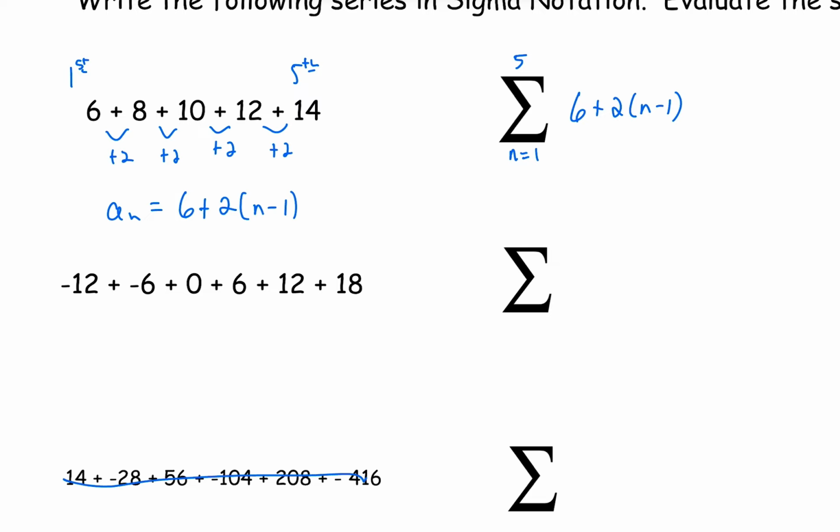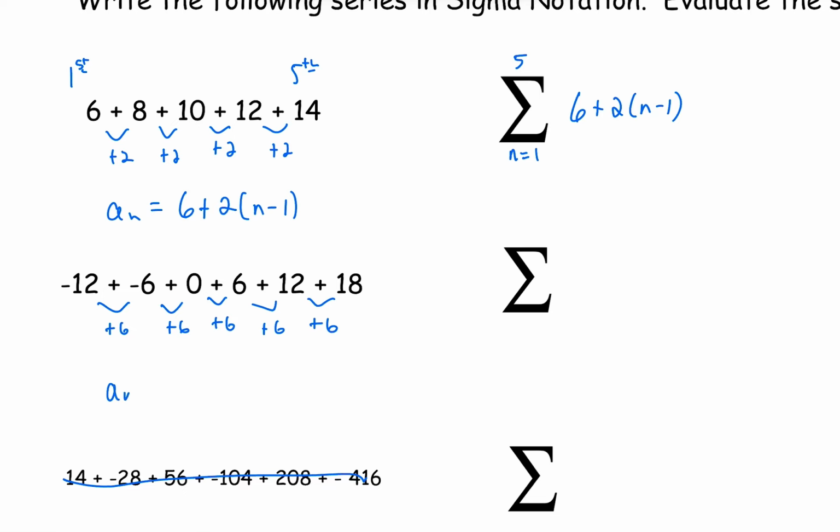This one we won't do because there's a typo. So it looks like we are going up by 6. For geometric, it would be slightly different, but not too far off. To go from a geometric sequence to the sigma, it's really the same method.